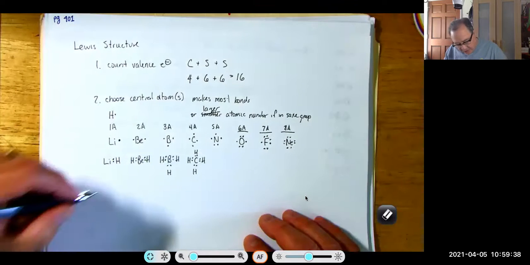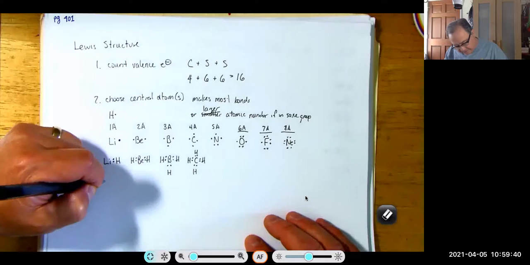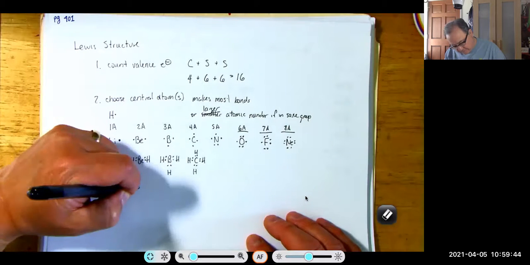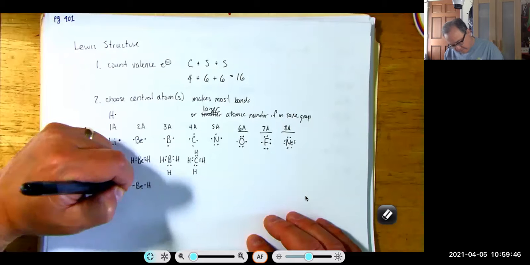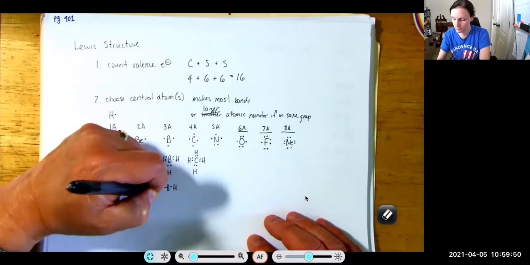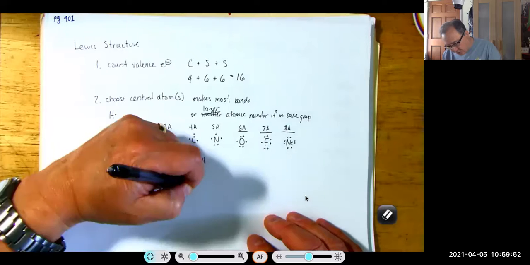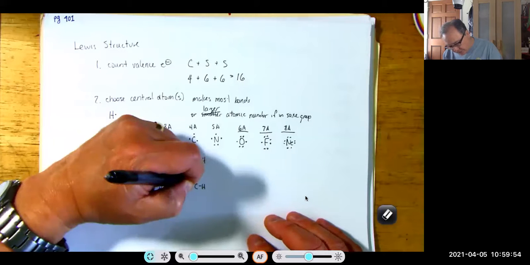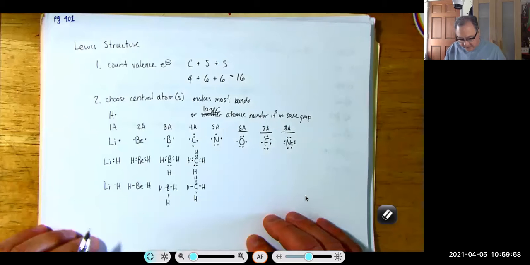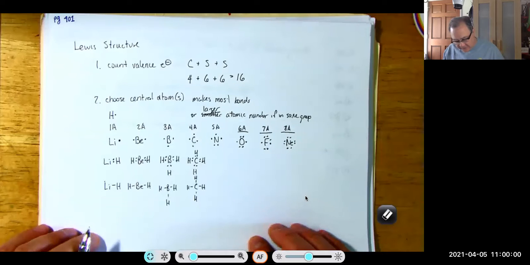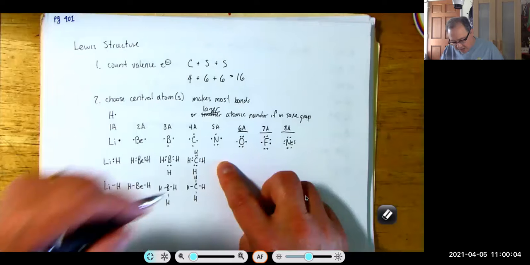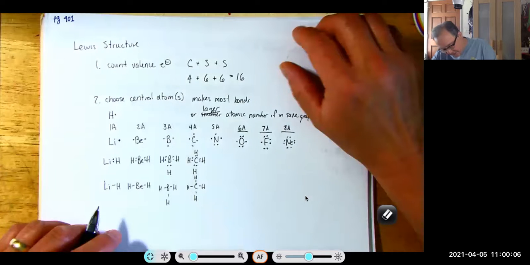Now, these are also ways of drawing them, where shared electrons are drawn as a line, which is considered to be a covalent bond. So for the rest of these, they're going to get a little crowded, so I'm going to spread them out a bit. Here's nitrogen.